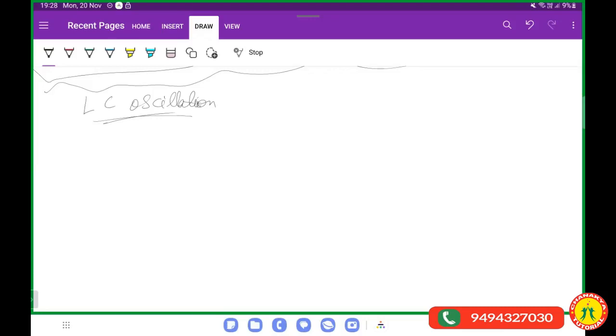Anyone? So it is like a back and forth cycle. Back and forth, okay. We can also call it a cycle. So it makes oscillation, like a pendulum. That is our oscillation.